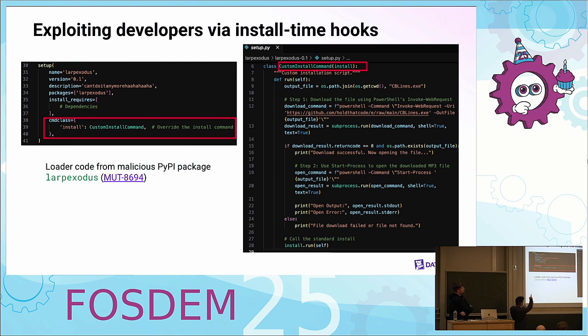So as you can see, he's overriding the installation process, and in the installation process he's also using PowerShell to download a binary and execute it. This time it was a stealer.